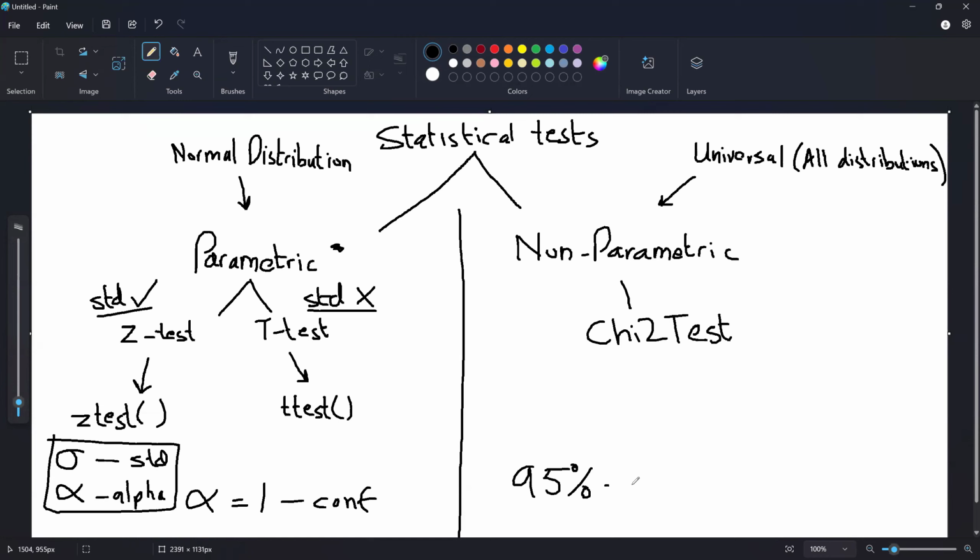You already know 95% in math. Math doesn't deal with percentages. Math is going to be 0.95. What is 1 minus 0.95? 0.05, which is alpha. So in this case, alpha is 0.05. By the way, you'll understand everything as we solve it.